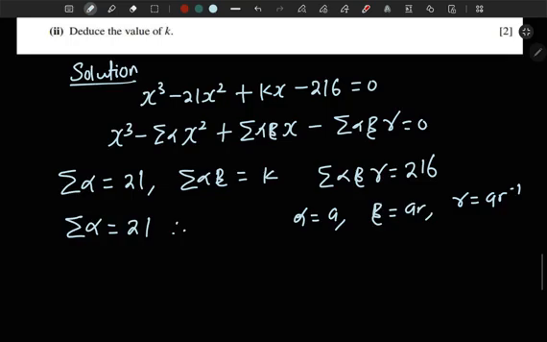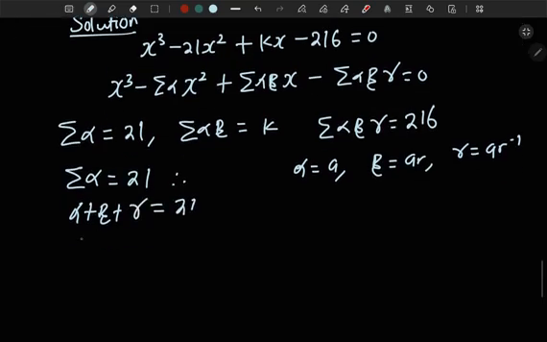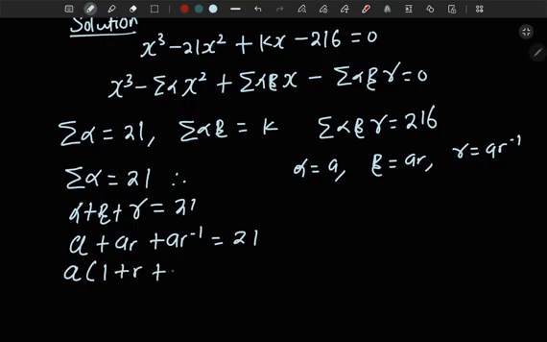So the sum of the roots, alpha plus beta plus gamma equals 21, becomes a plus ar plus ar to the power minus 1 equals 21. On the left hand side, a can be factorized, giving a times 1 plus r plus r to the power minus 1 equals 21. Let's call this equation 1.